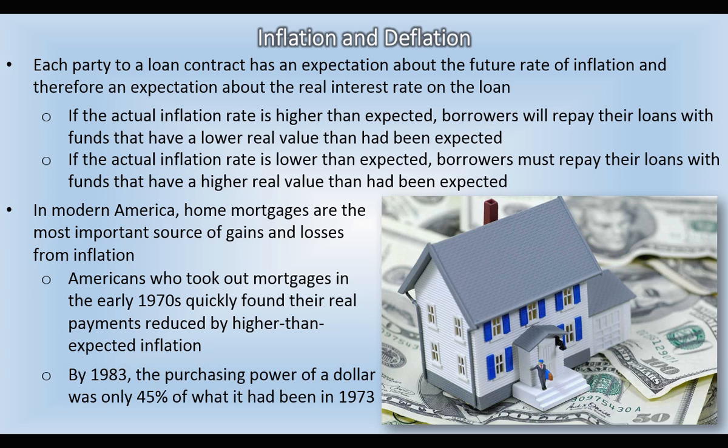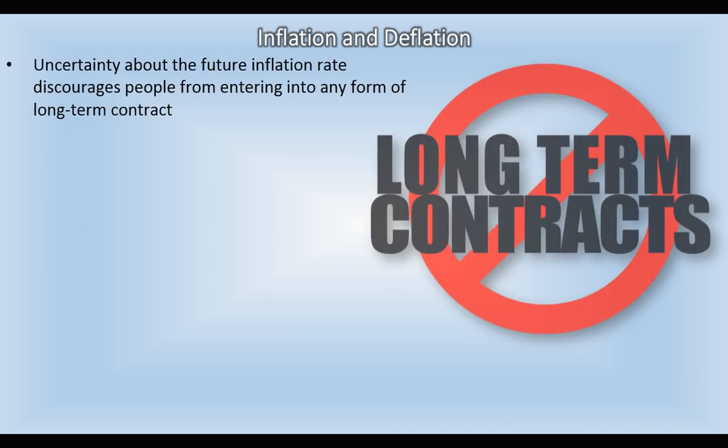Because of high inflation, the real value of the dollar decreased quite a bit, what a dollar could be exchanged for, in this case 45% over a 10-year period. And therefore, what you were paying on loans specified in the loan contract 10 years prior is actually worth less than what you thought it would be. So you actually wind up paying more in real terms.